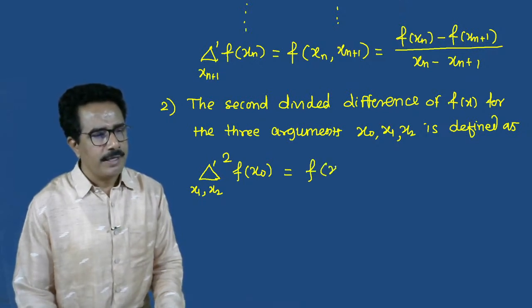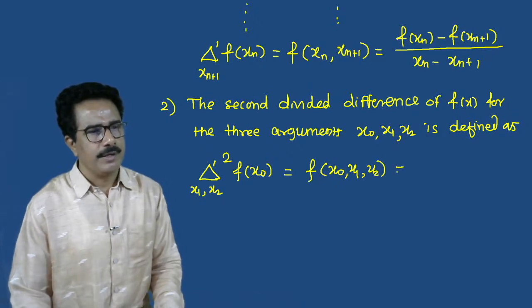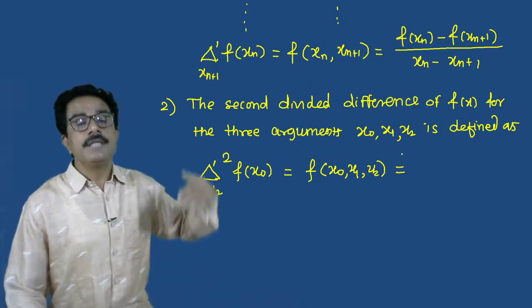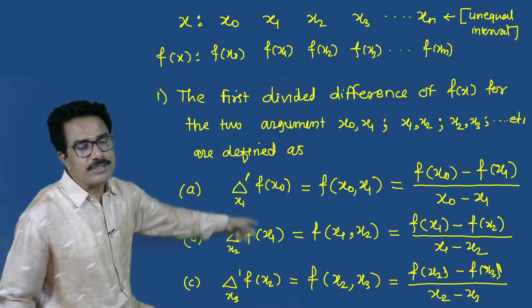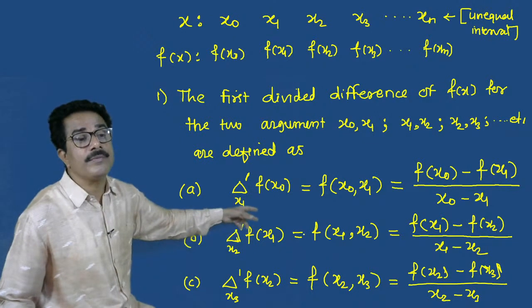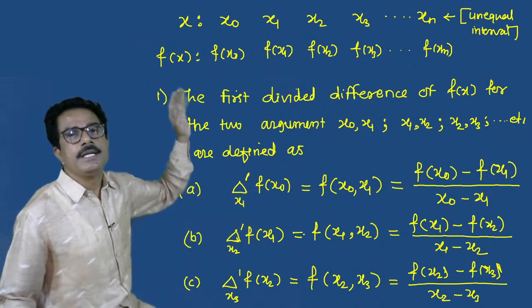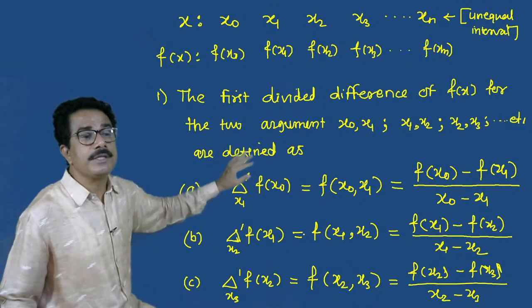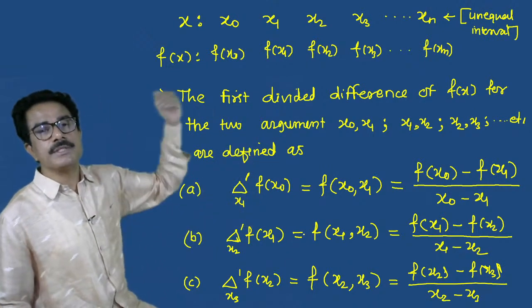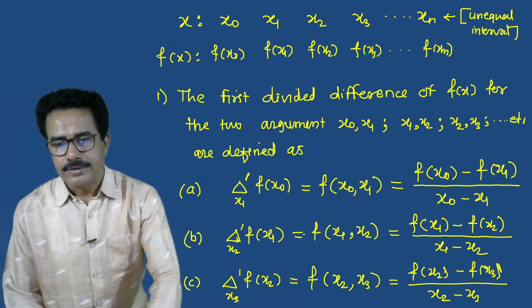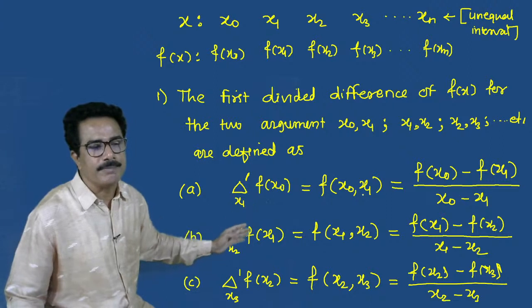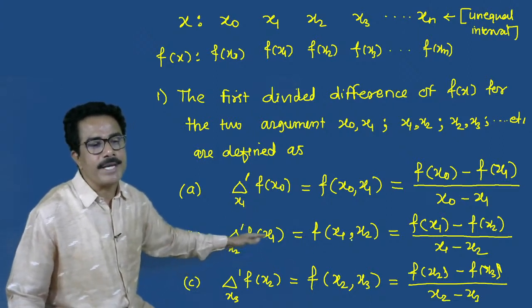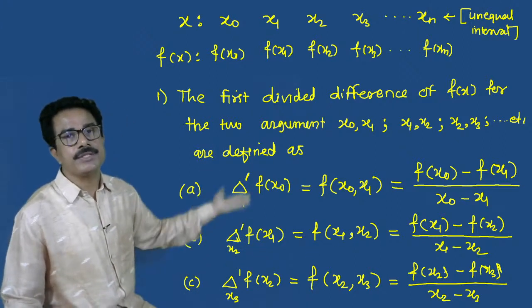f of x0 comma x1 comma x2 which is equals to the difference of first forward difference. Take the difference of these two. Difference of first forward difference, first divided difference, difference of first divided difference which gives the second divided difference. So it is, now take the difference of these two. f of x0 comma x1 minus f of x1 comma x2 divided by x0 to x1.